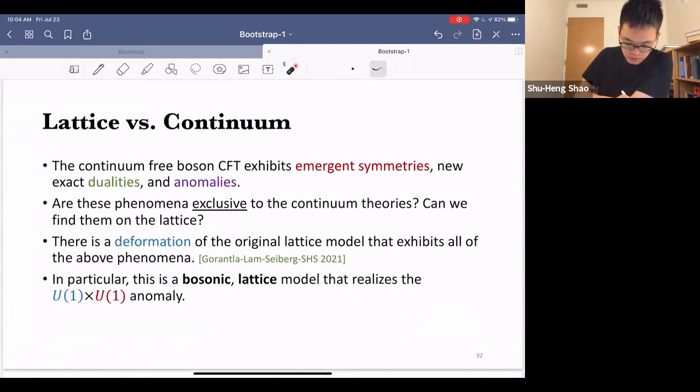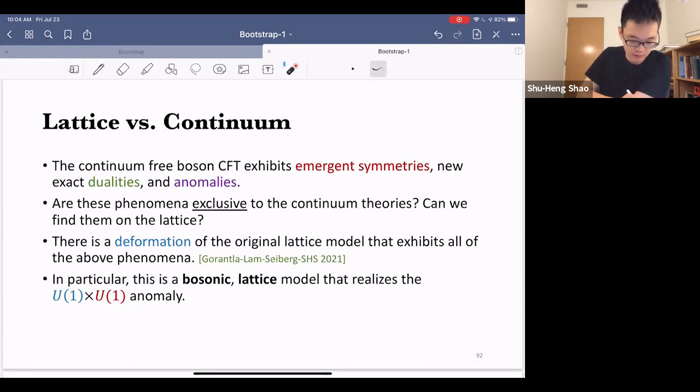Finally, you usually hear people saying that anomalies cannot exist on the lattice. But we know that's not true, because already in the first lecture, we talked about anomalies in quantum mechanics, which you can think of as a lattice model. And it's still true in higher dimensions. There are anomalies in higher dimensional lattice models.